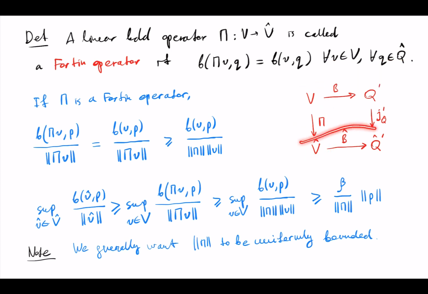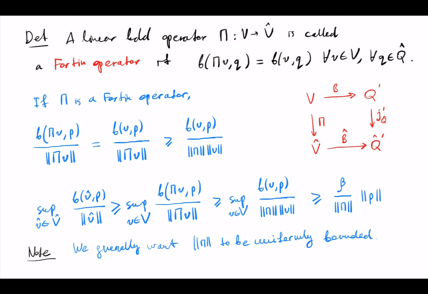Then the discrete version of the B operator, B hat, sends V hat to Q hat prime. Applying the Fortin operator and then B hat is the same as applying B and then applying the transpose of the canonical injection of Q hat into Q.